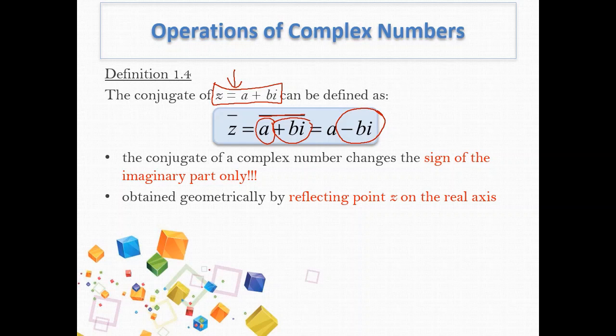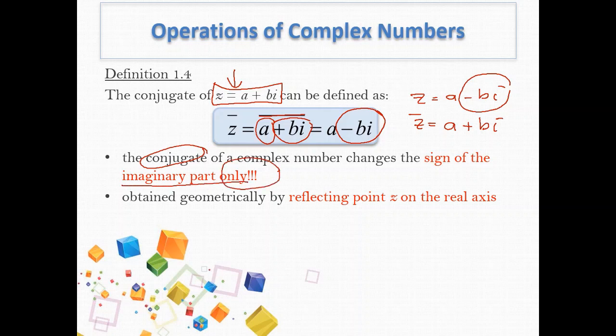If your z is a minus bi, the conjugate of your z will change the sign of the imaginary part only. It will become a plus bi. So remember, conjugate changes the sign of the imaginary part only.